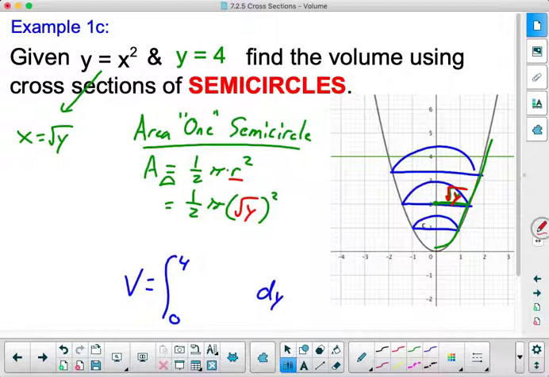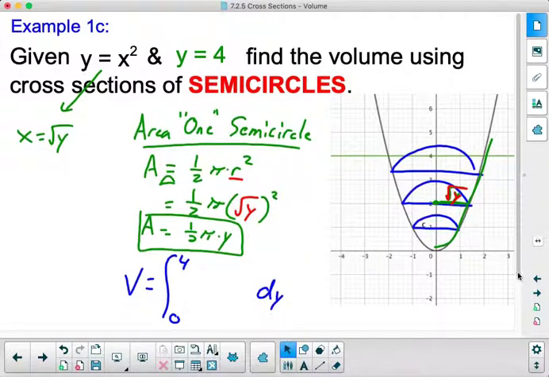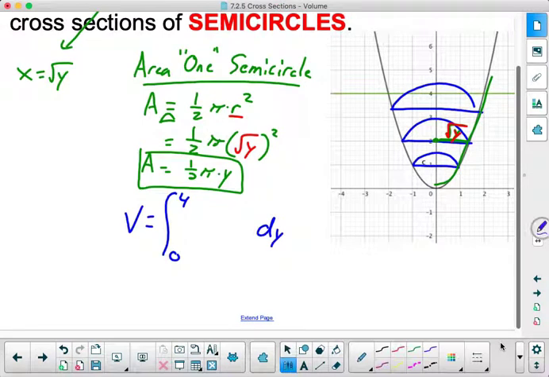If I simplify all of this, the square root of y squared really gives me 1/2 pi y. That's the area of one semicircle. So did you do this? Did you end up plugging in 1/2 pi y for your volume?